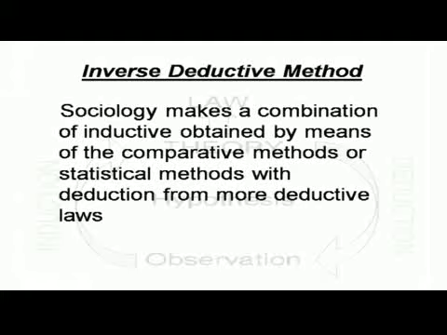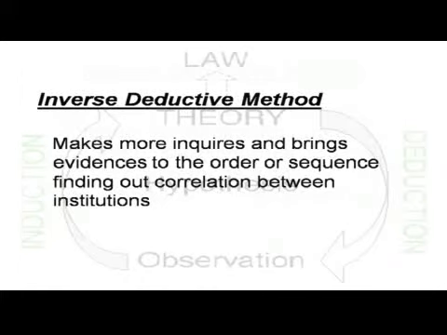I have explained two methods, the deductive and inductive methods in sociology, but sociology cannot make use of either the inductive method or the deductive method fully. Sociology has to make a combination of the inductive and deductive methods, and that methodology is called the inverse deductive method. In the inverse deductive method, sociologists try to bring out evidence and make a sequence of findings by comparing different social phenomena.